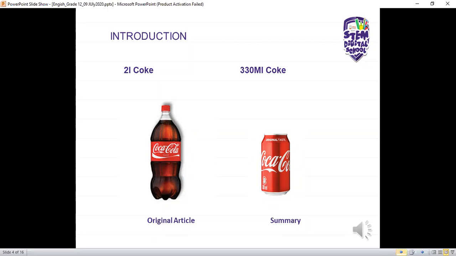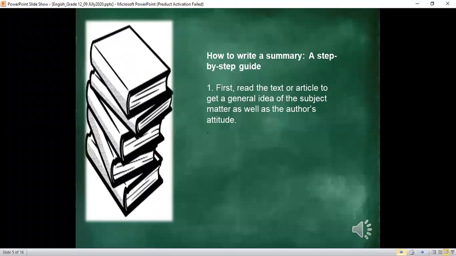So that's what you should be doing. That's the kind of summary that you should be producing. It should contain the same ideas as the original article. The only difference is supposed to be the size of your summary.